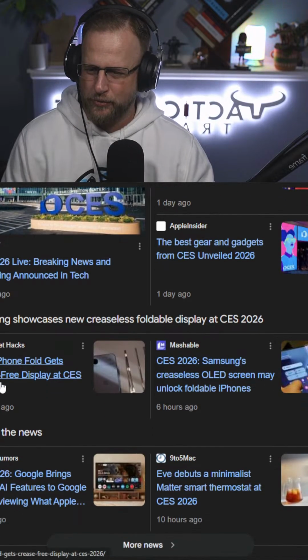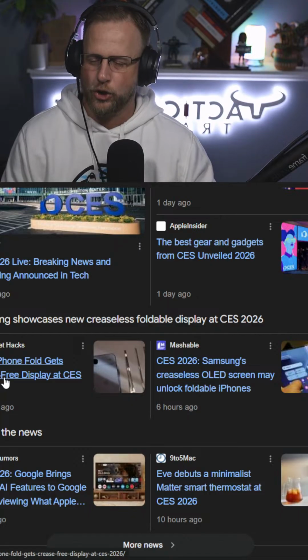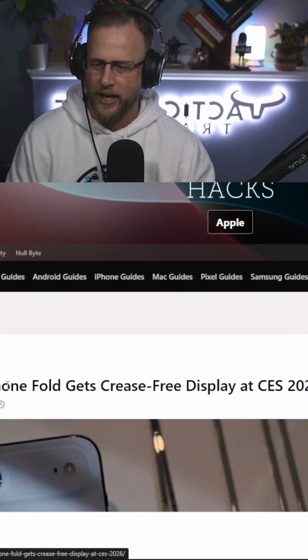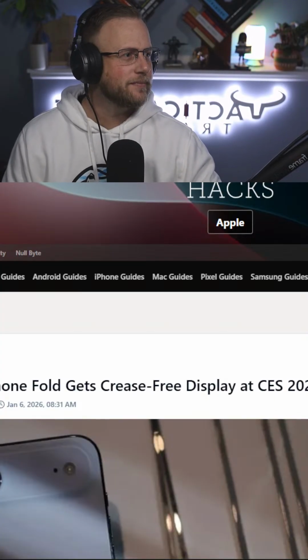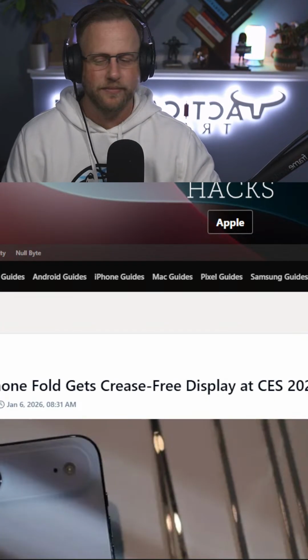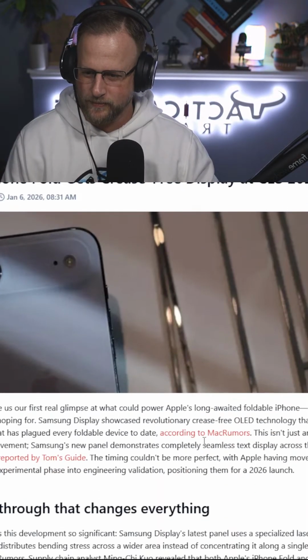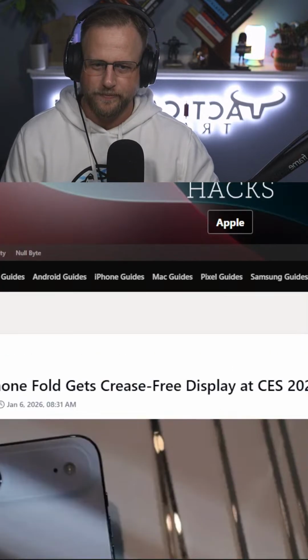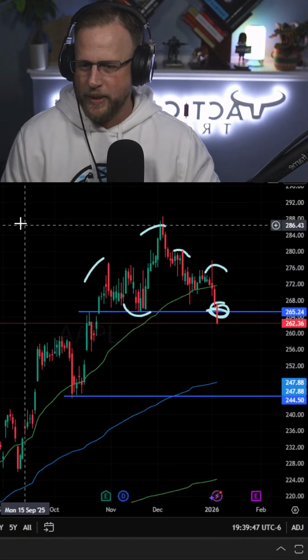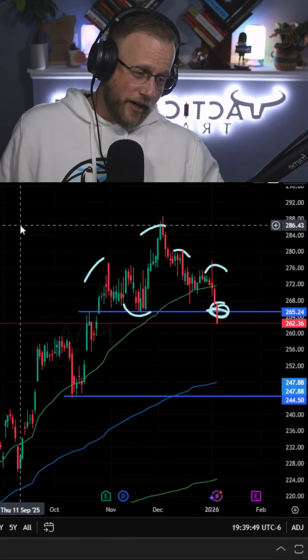Apple iPhone Fold gets crease-free display at CES. This isn't even out yet, is it? I've never seen an Apple Fold. Anyways, back to Apple. Yeah, man, I think you're good in your puts.